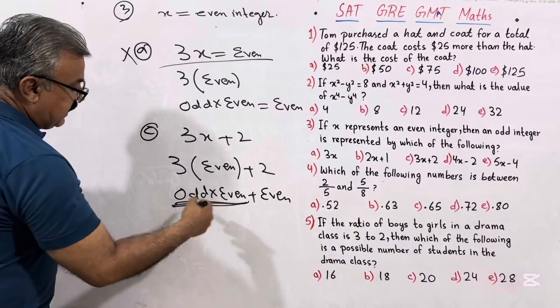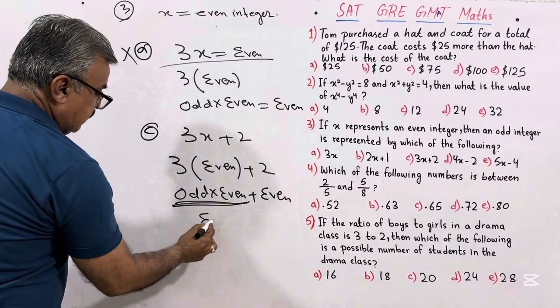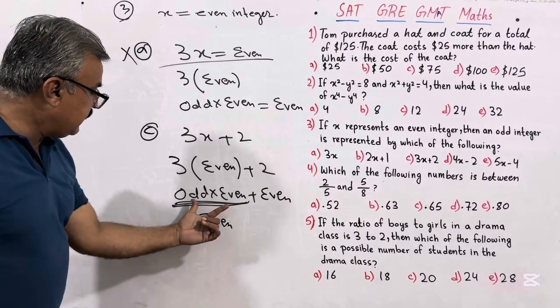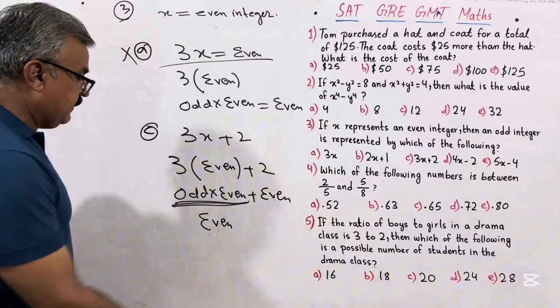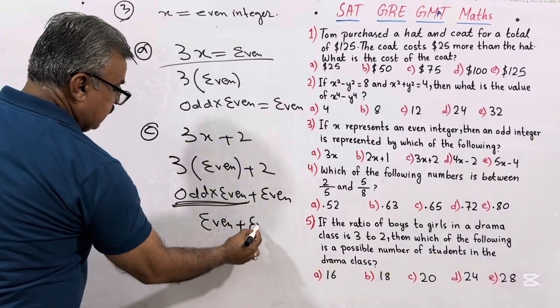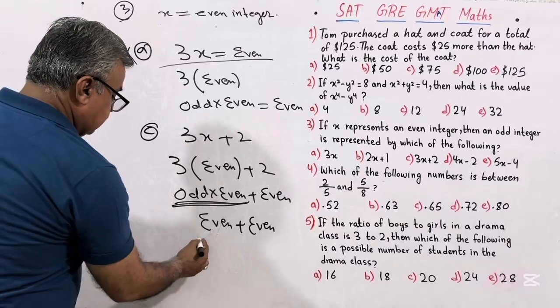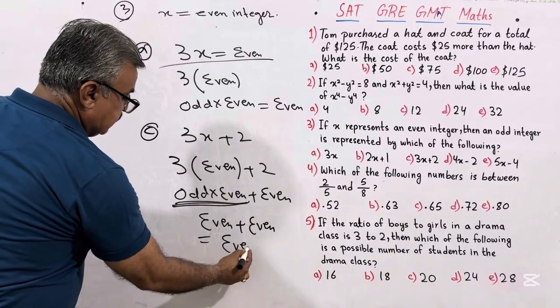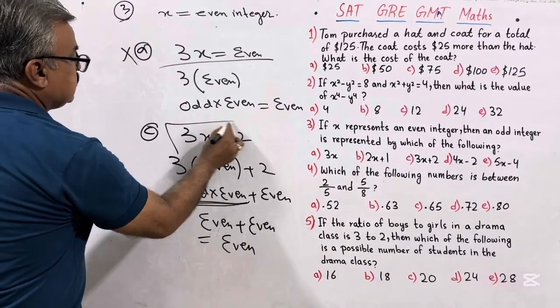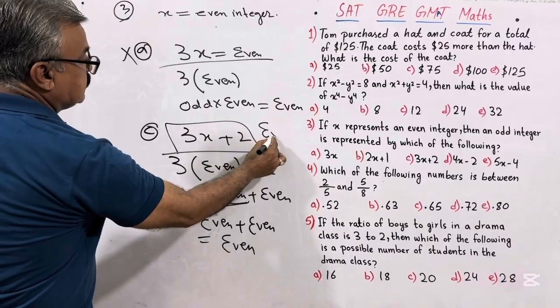Odd times even or even times odd results in even. Addition or subtraction of even always results in even. So this is also even.